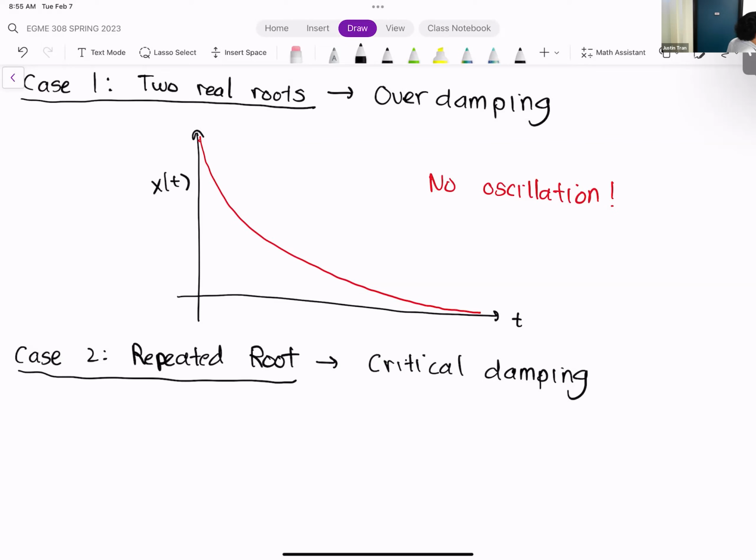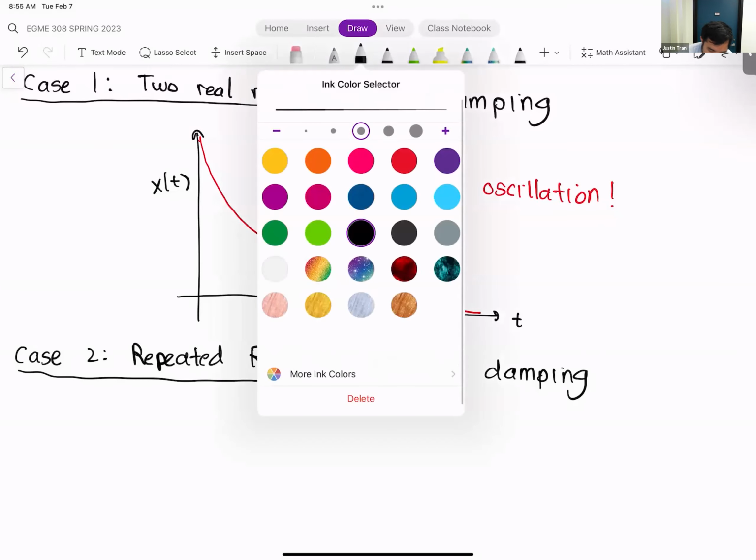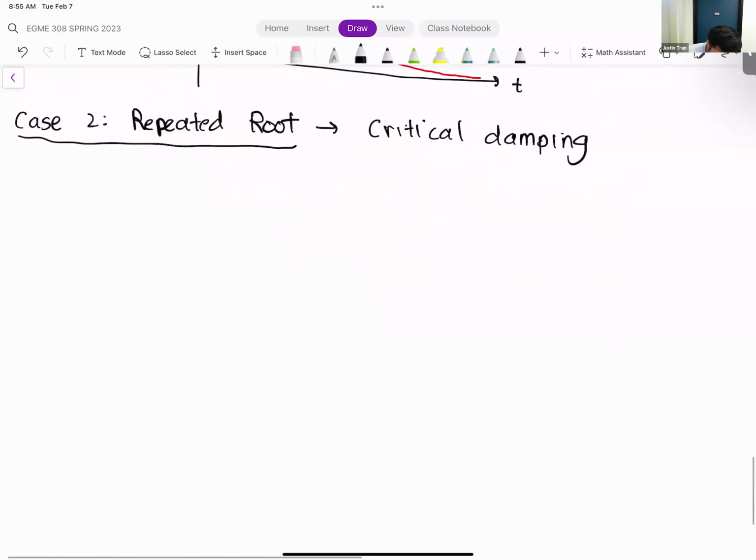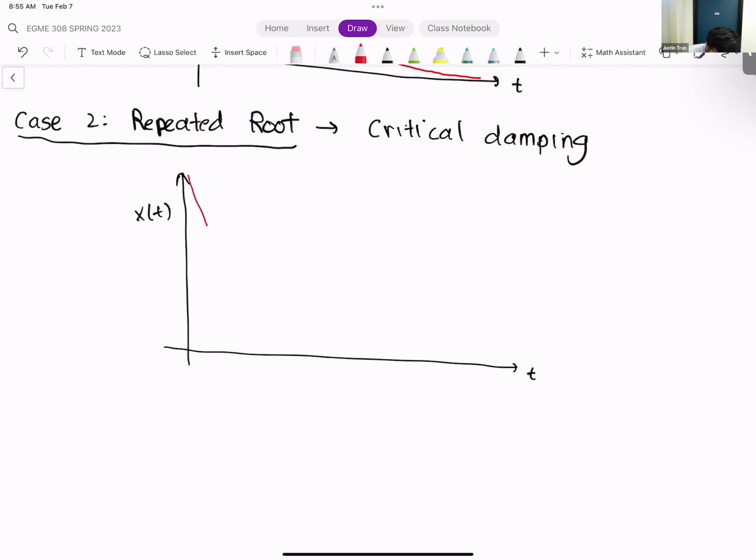The only difference is that our second solution had that extra t. If you plot the solution, it would look very similar, kind of like this. And so again, we have no oscillation.